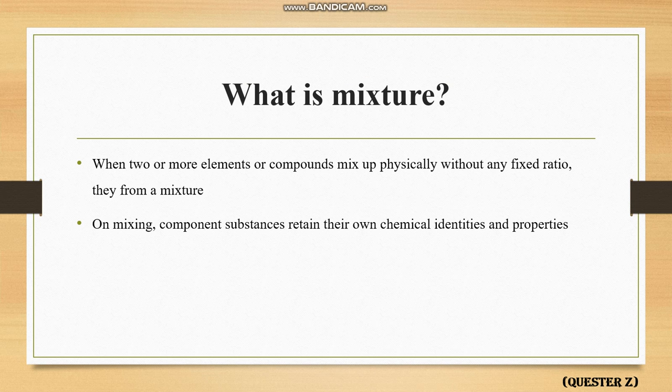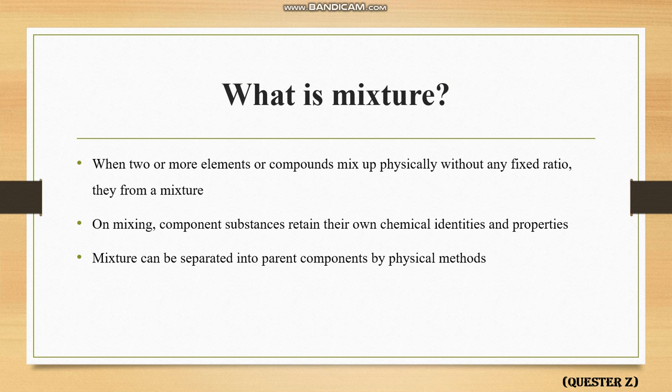For example, you have a glass of water, you add one tablespoon of salt in it and simply mix it up, and you will observe by your senses that it is liquid as well, having the property of water, and it will be salty by tasting it. So it retains the properties of its components, salt as well as water. So mixtures do not lose their identities, they always retain their chemical identities and properties.